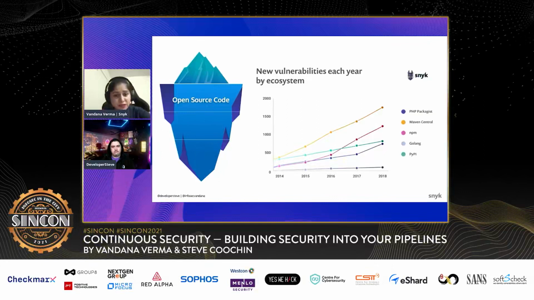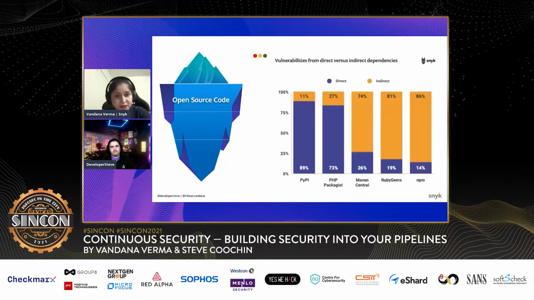Now, if we move on to the next slide, here you can see how many of the vulnerabilities in the code come from direct or indirect dependencies. For PyPI, 89%. See, that's a huge number for the direct dependencies.